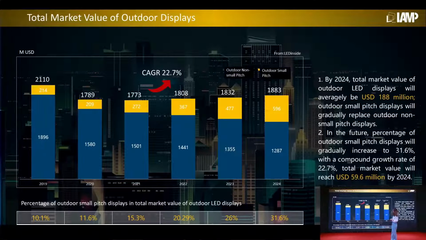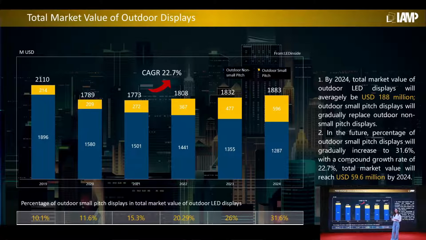Okay, look at this chart. I would like to show you some data of the outdoor LED display market. From this chart, you can see it is from 2019 to 2024. In 2019, the outdoor LED display market is already up to 2.1 billion, right?